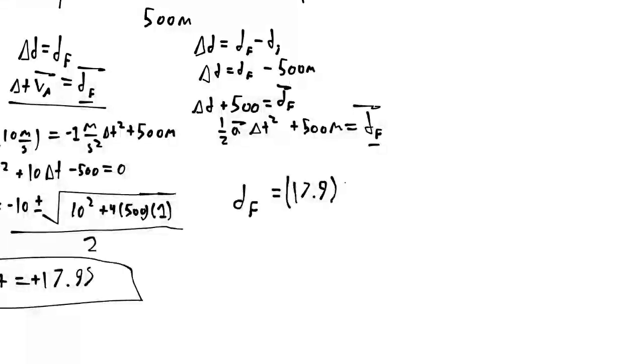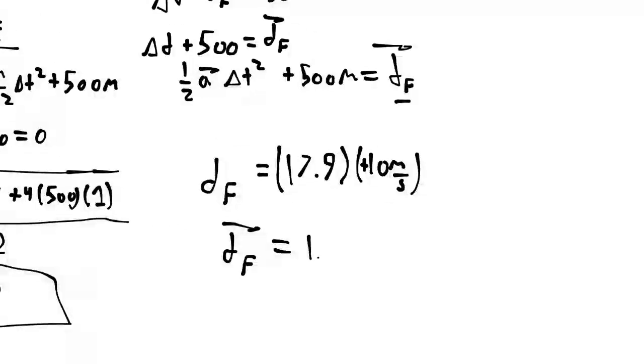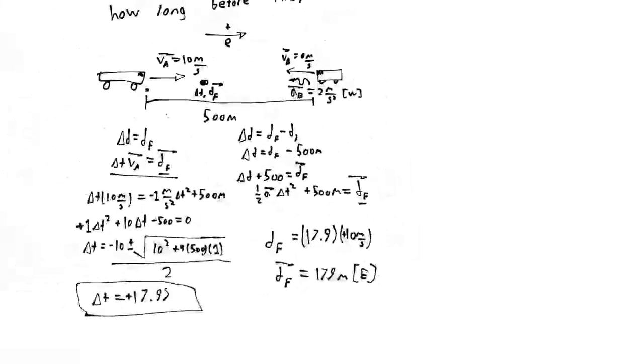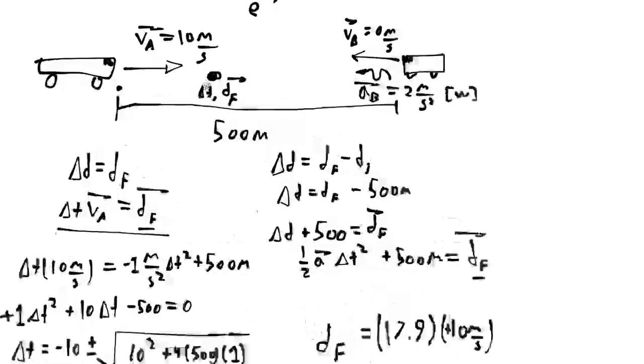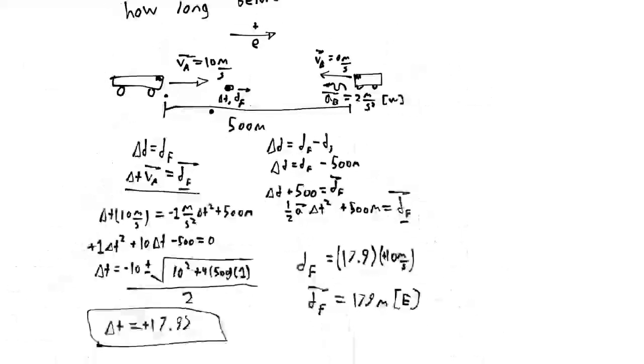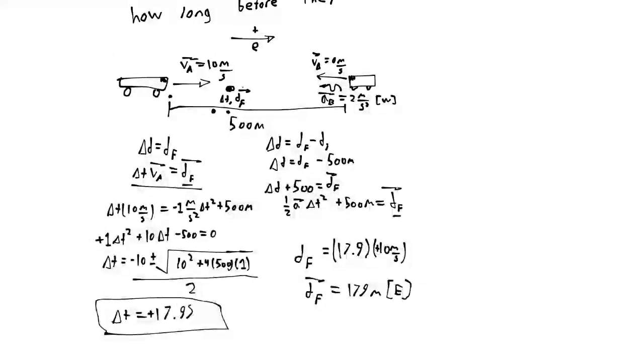I don't have all the decimals with me, so times 10 meters a second, that's positive, and you'd get df equals about 179 meters, east of course. So that is where they hit each other, which is kind of where I said, right around here. Actually maybe a little bit more, like about there. All right, so that's all for this one. Let's move on.